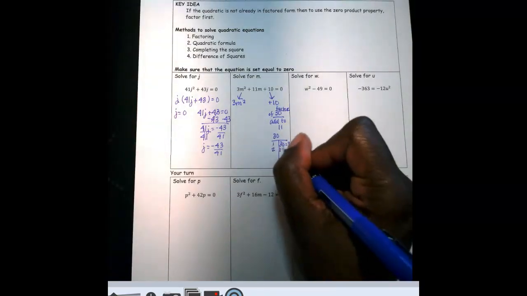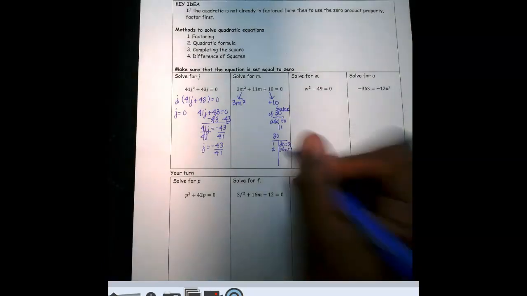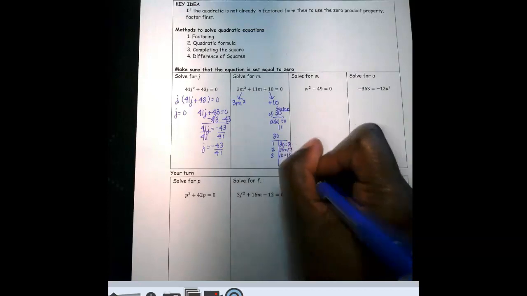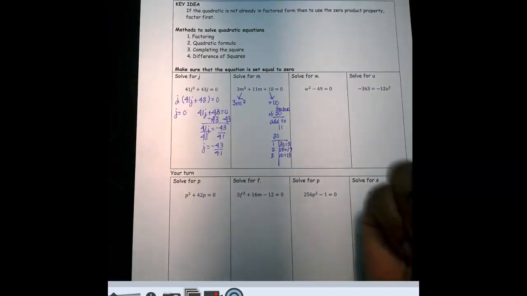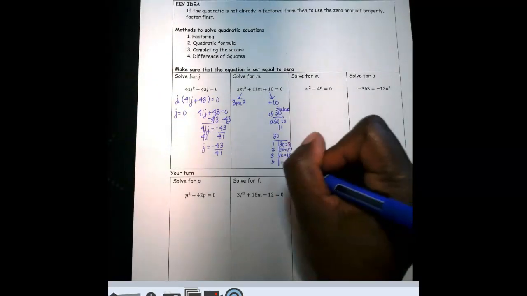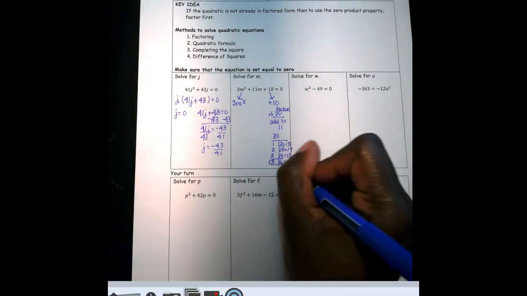I could do 2 and 15, but that would equal 17. We could do 3 and 10, but that would equal 13. 4 doesn't go into 30 evenly, but 5 does. 5 and 6, and if we add those, oh, we get 11. So we want to use the factors of 5 and 6.